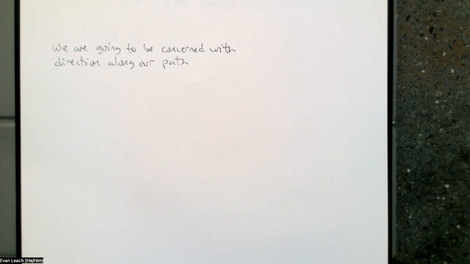One of the things we want to keep in mind as we're building these paths is that we're going to be concerned about what direction our path is going. So we're going to be concerned about direction along our path.